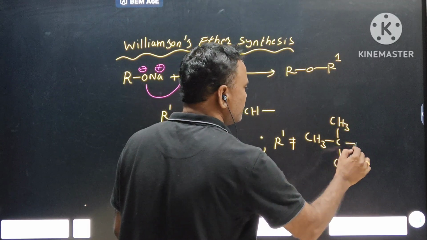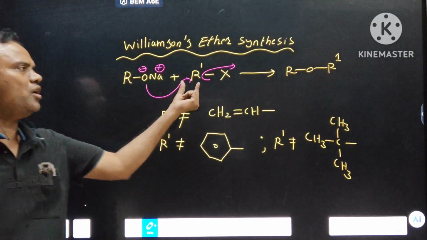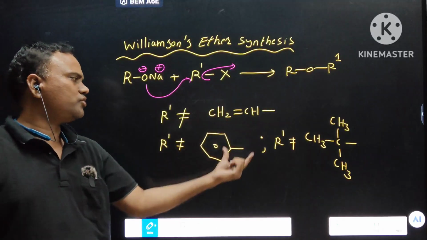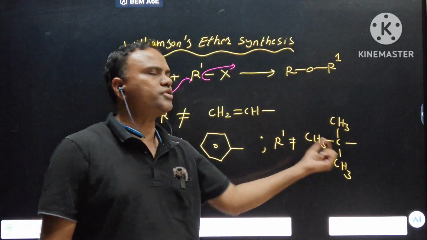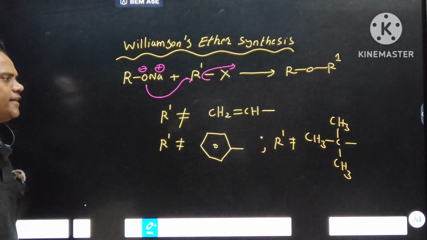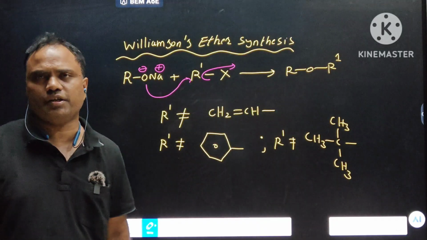Very important. In place of R', you should not take vinyl, aryl, or tertiary butyl group. Then the reaction does not take place. This is the only question-coming area.